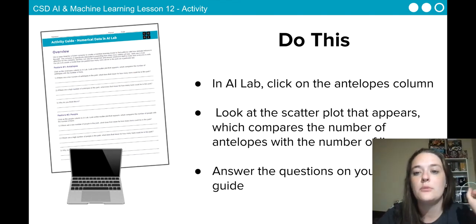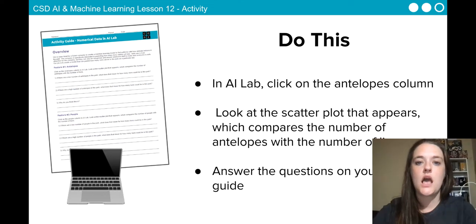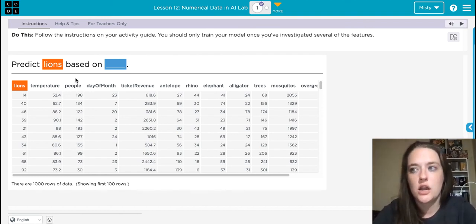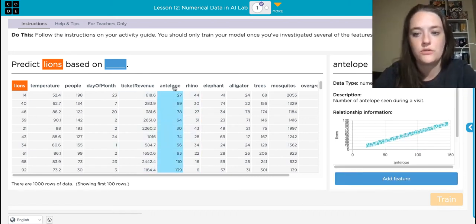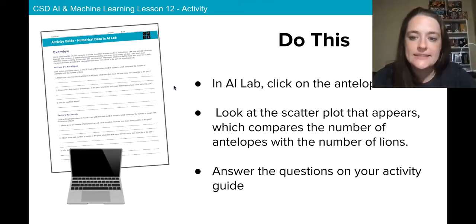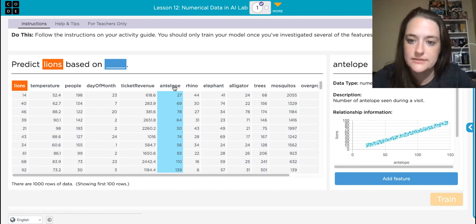In AI Lab, click on the antelopes column. Now look at the scatter plot that appears, which compares the number of antelopes with the number of lions.